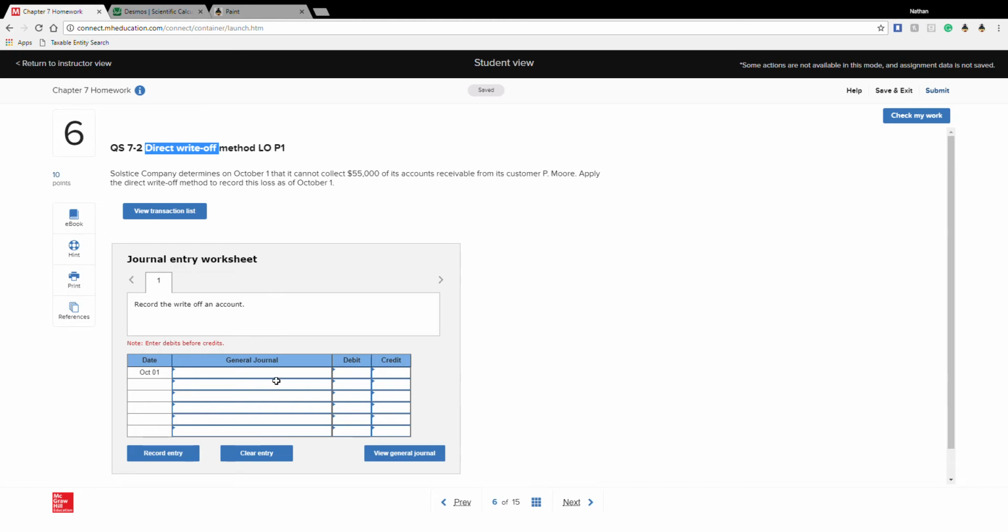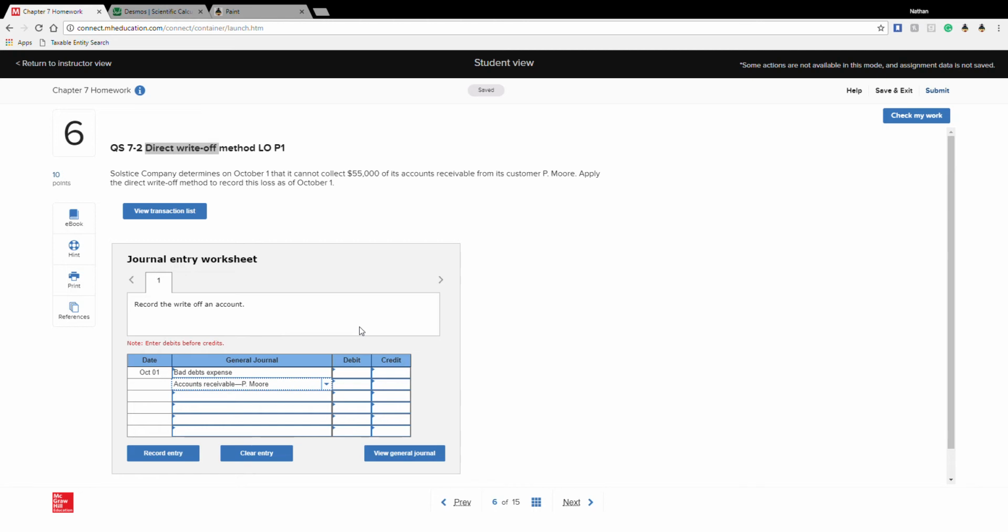Okay, so with this, it is always going to be bad debt expense. That's going to get debit, and it will be wherever accounts receivable. That's fine. Here we go. Accounts receivable P. Moore. Now remember, Chapter 7, Chapter 8 only deals with accounts receivable and assets.